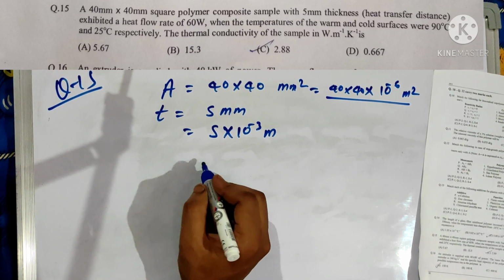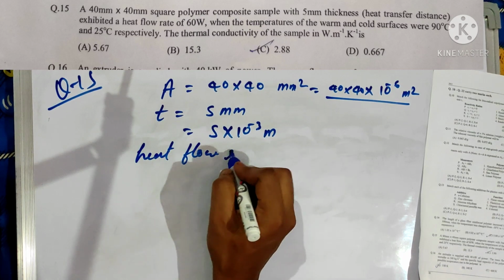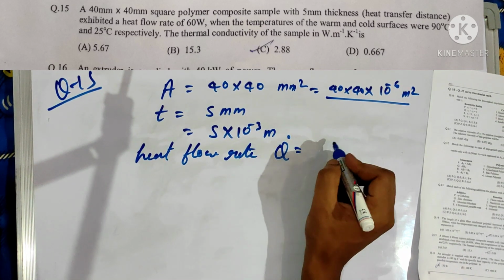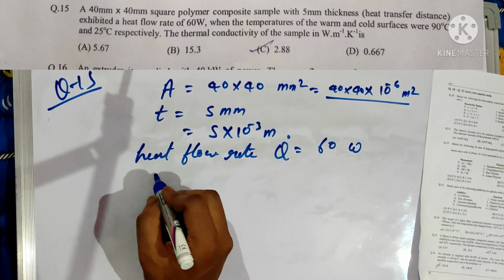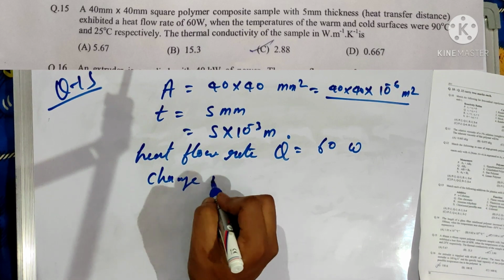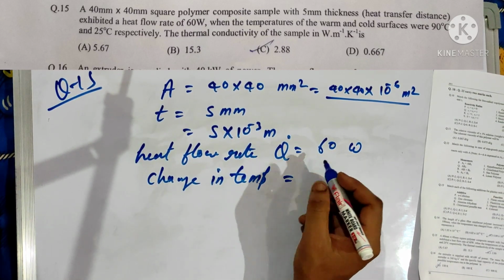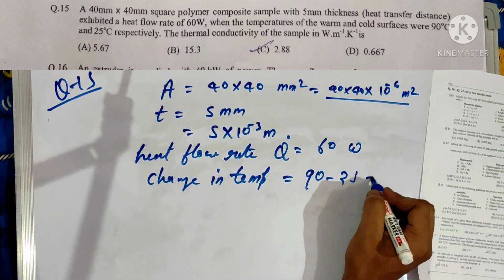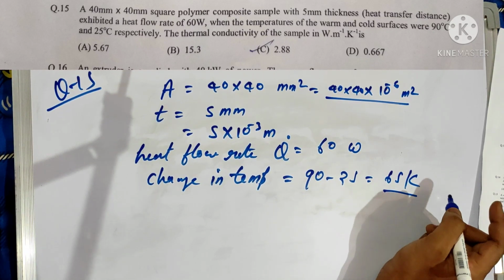And heat flow rate Q dot is equal to 60 watt and change in temperature is equal to 90 minus 25 is equal to 65 Kelvin.